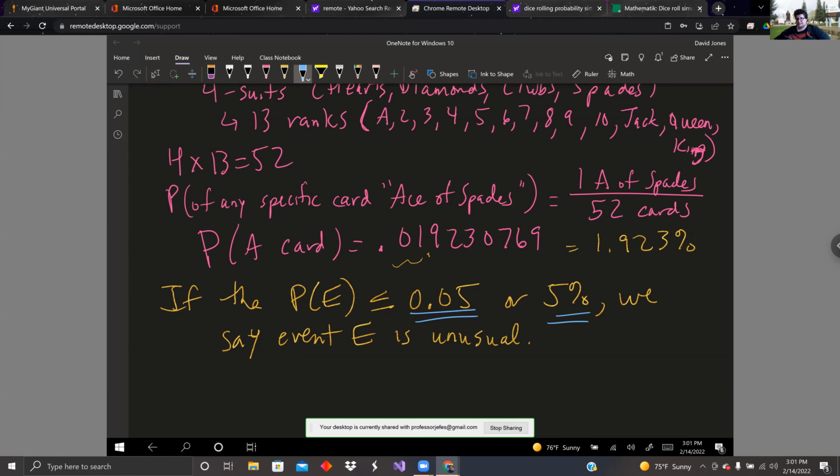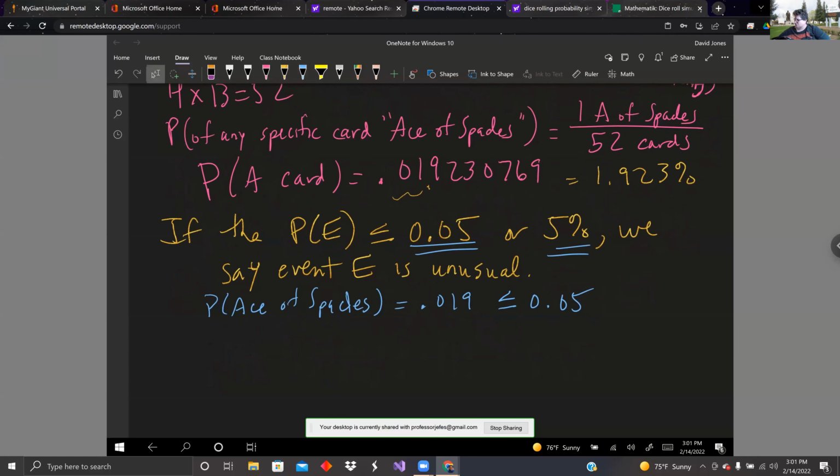So in this case, the probability of the ace of spades, which is 0.019, is less than or equal to 0.05, which makes drawing the ace of spades, if I draw just one card, an unusual event.